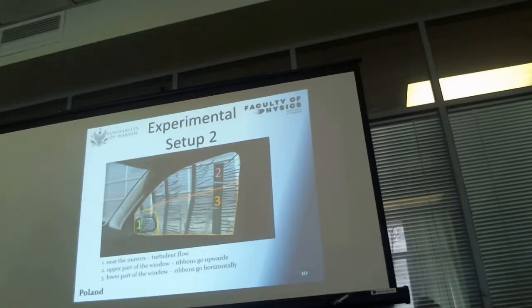So only in this part of the window ribbons went up, of course not for all speeds, but for a speed bigger than 35 kilometers per hour. And we checked from 0 kilometers per hour to 130 kilometers per hour, and here these ribbons weren't moving upward. The same here, it was turbulent flow because of the mirror.